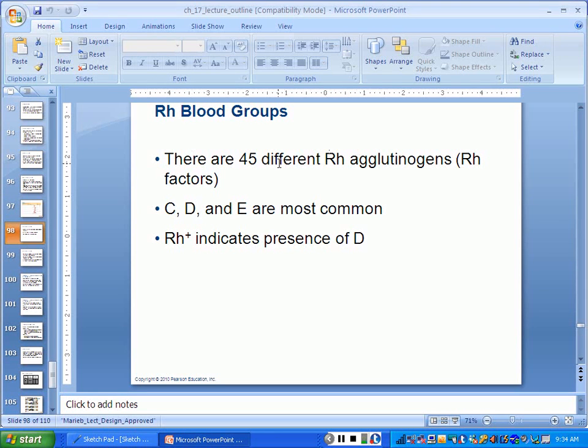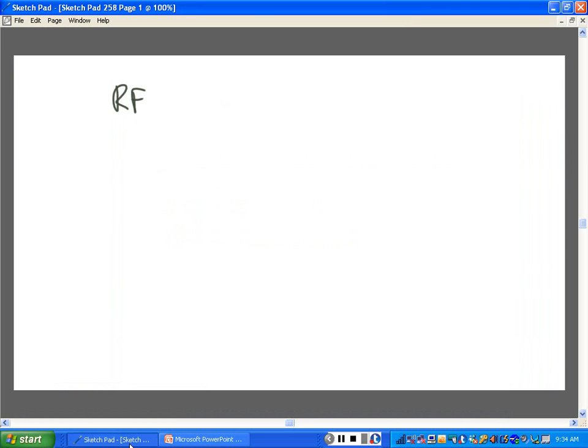Instead of naming them, because there's, wow, look at that, 45 different RH factors, we're just going to say a person is either RH positive or RH negative.